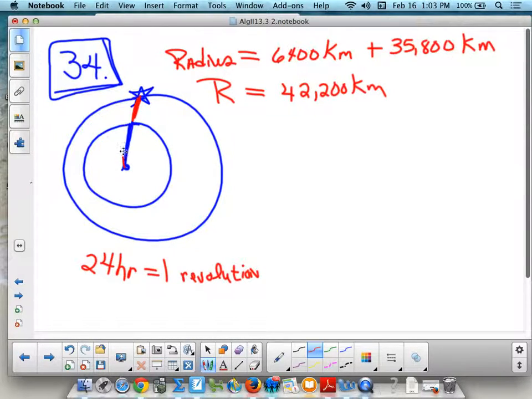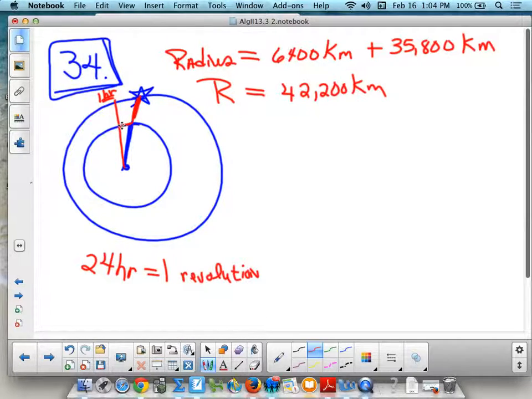You only traveled this far in 1 hour. So what fractional part is this around the circle?